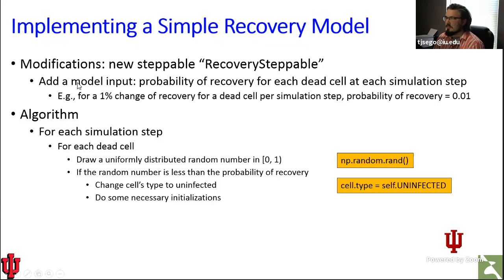So our one model input will be a representation of how long it takes on average to replace a dead cell with an uninfected cell, and we will do this by assigning a probability of recovery. And this probability of recovery will be assigned for each dead cell at each simulation step.